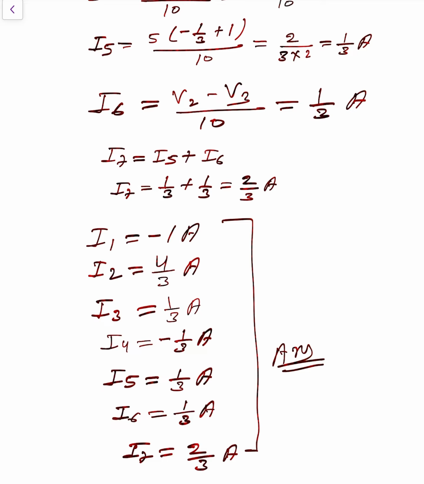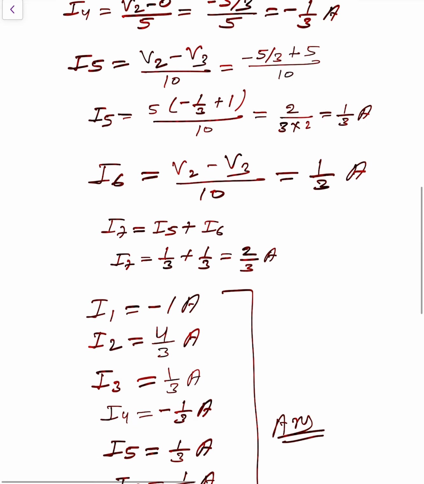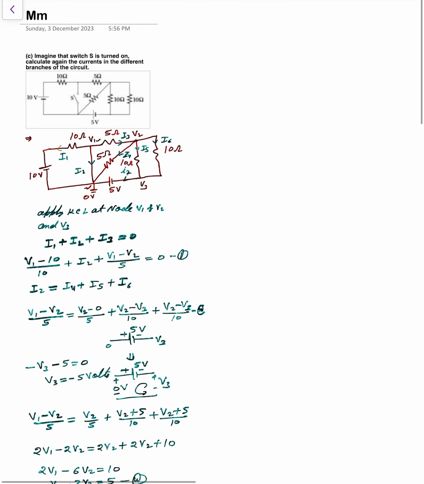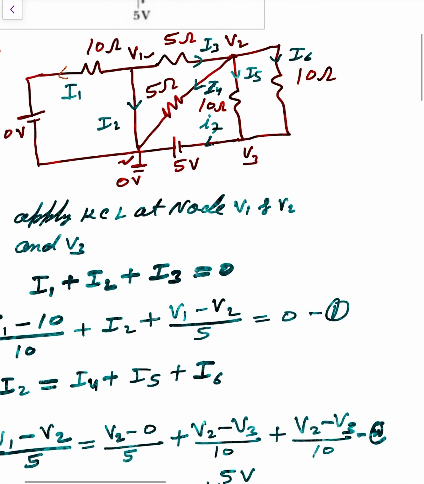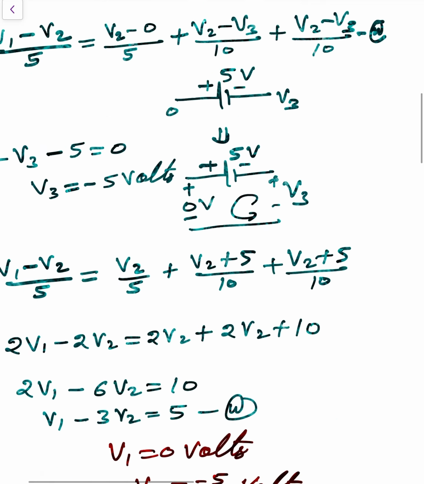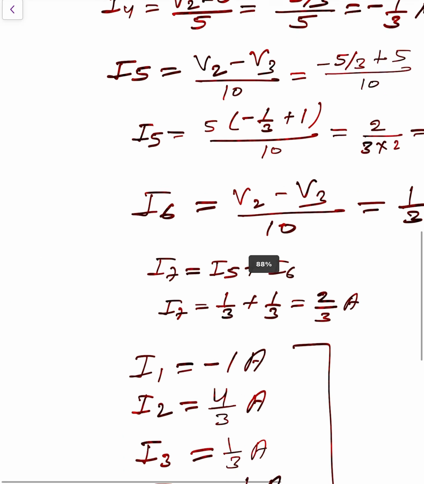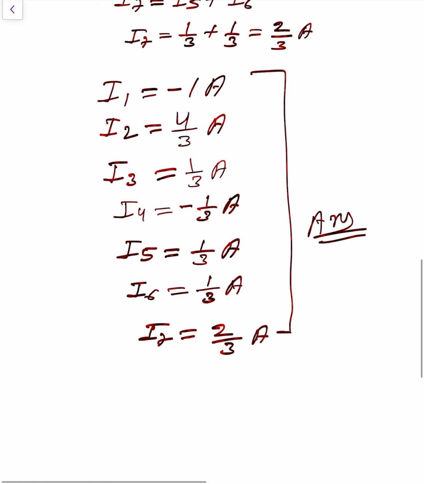Look here. In any node, I3 will equal to I4 plus I5 plus I6.